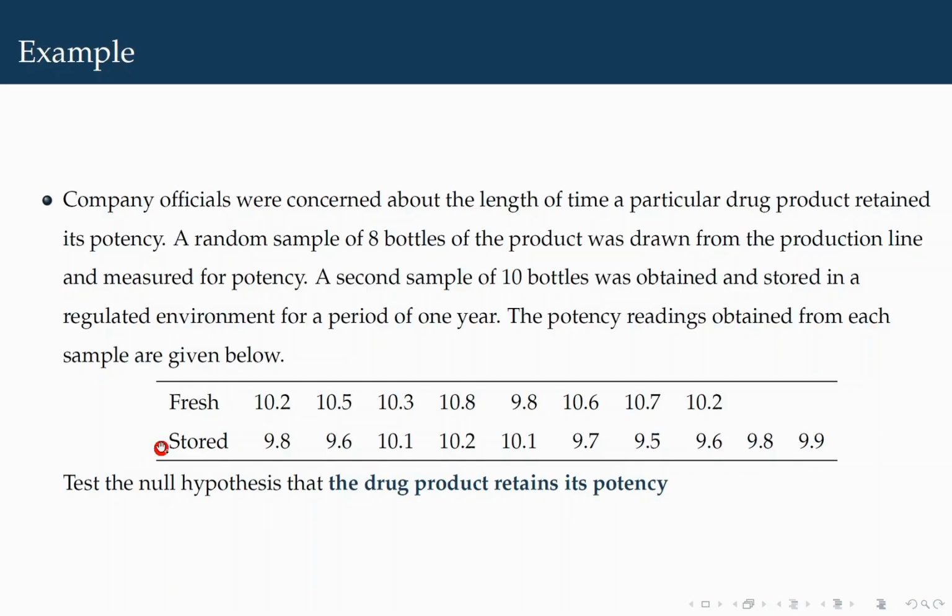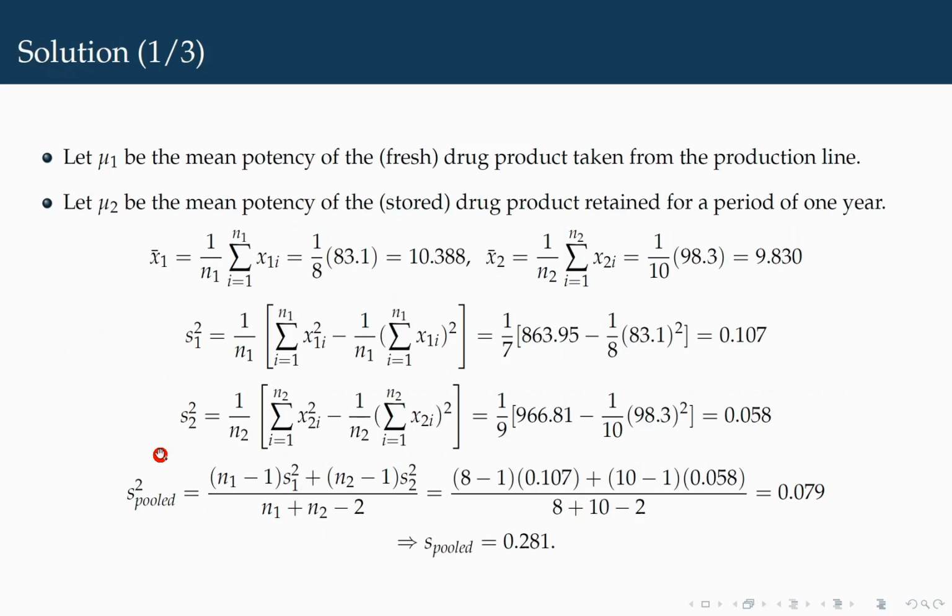So we are interested in comparing whether the mean potency of the fresh drug products and the mean potency of the stored one are the same or not. So let's denote mu1 as the mean potency of the fresh drug product taken directly from the production line, and let mu2 be the mean potency of the stored drug products that is retained for a period of 1 year.